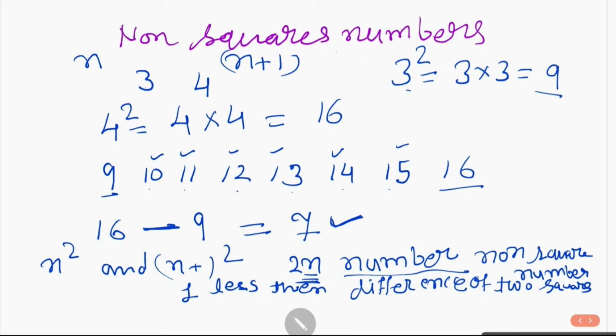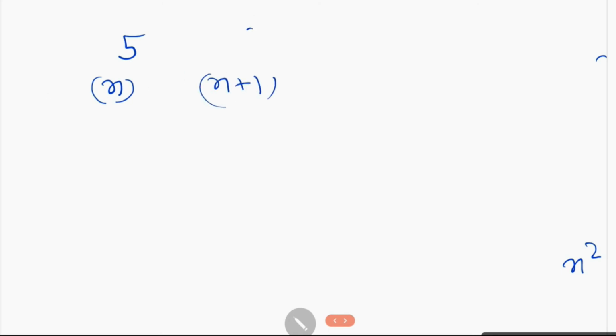We can take some more numbers. 5 is n, and n plus 1 will be 6.